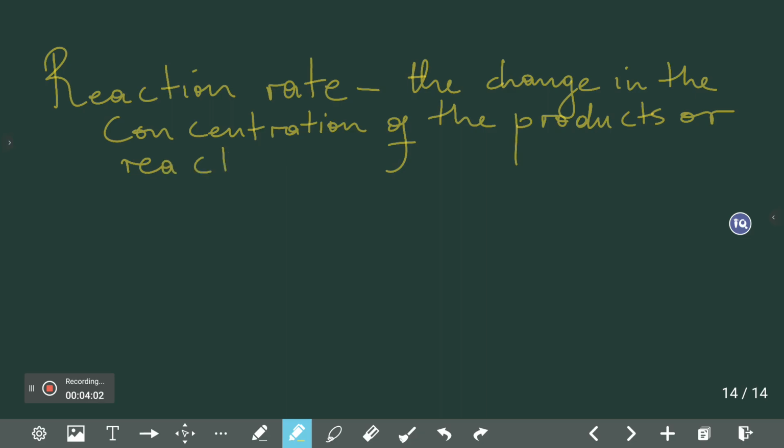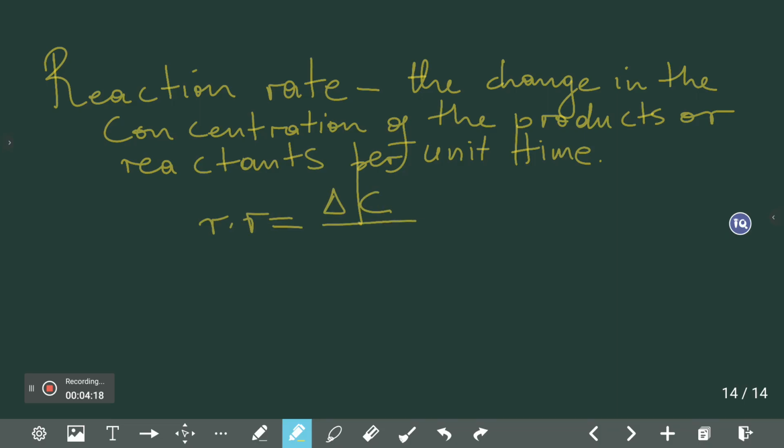Mathematically, reaction rate is the change in concentration divided by the change in time. This is for either the reactant or product.